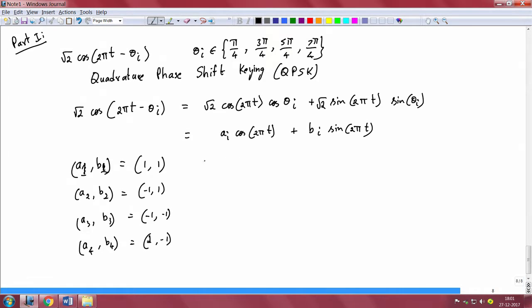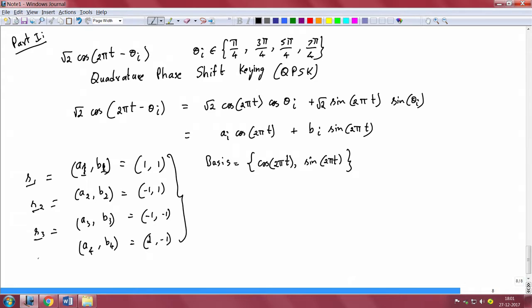So, essentially here we have the basis, which is nothing but cos 2 pi t and sin 2 pi t, and these form the signal points S1, S2, S3, S4. So, these 4 form the points in the signal space.